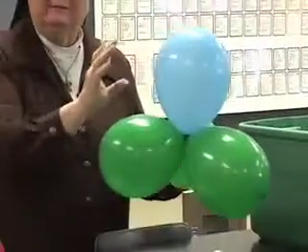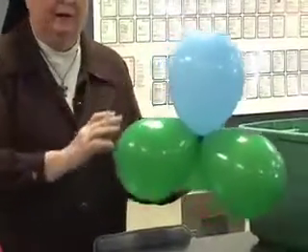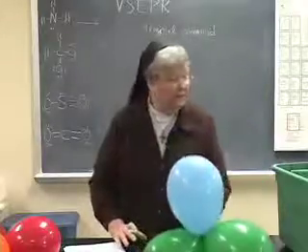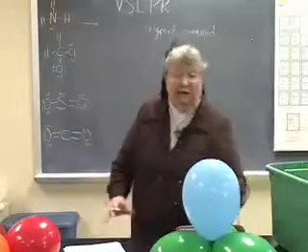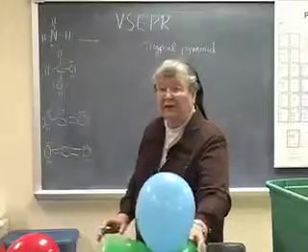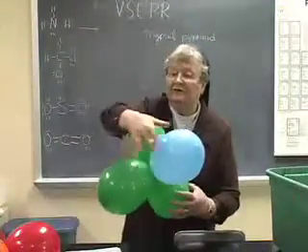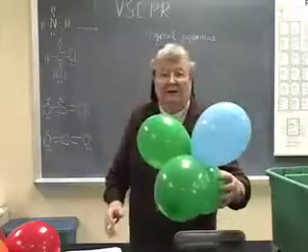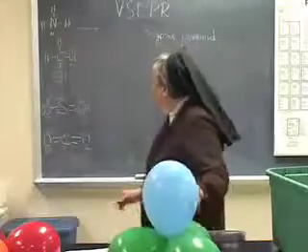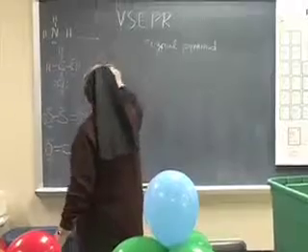But this should be green, because it's a bond pair, not a lone pair. So we have a perfect tetrahedron. So what we're going to do is put 2 chlorines here and 2 hydrogens here. And this whole molecule is tetrahedral.